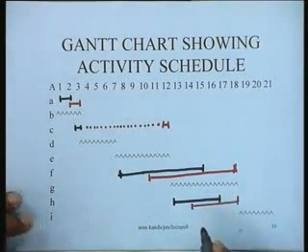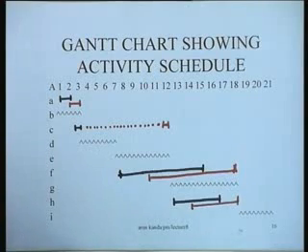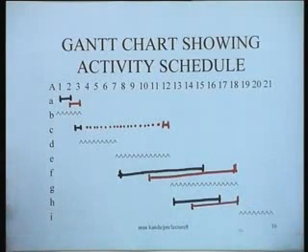So the point really is that a representation like this of all the activity schedules, which shows the early start and the late start possibilities for all the activities, can be very conveniently shown in the form of a Gantt chart, and this would show when which particular activity is scheduled to be done.